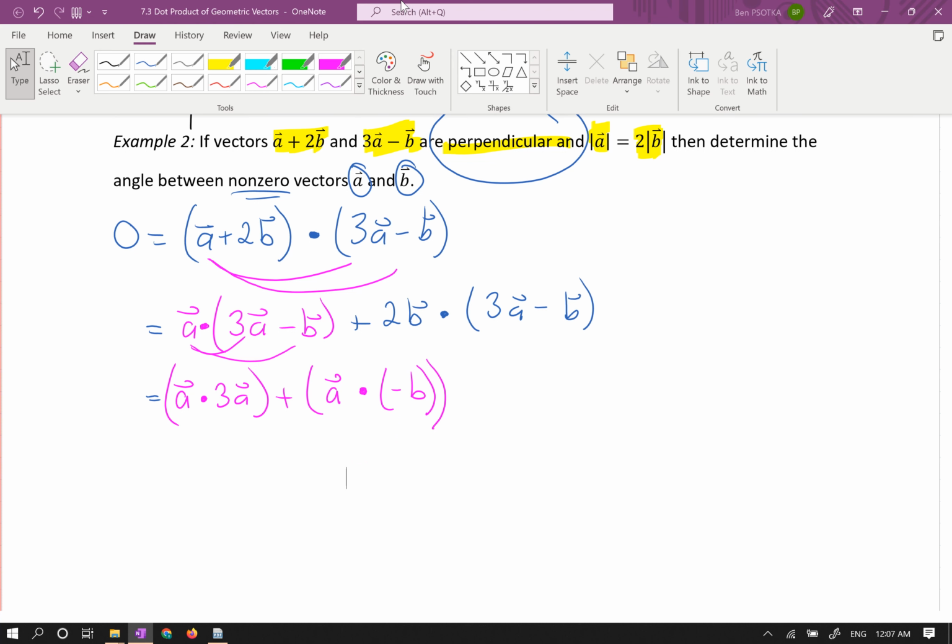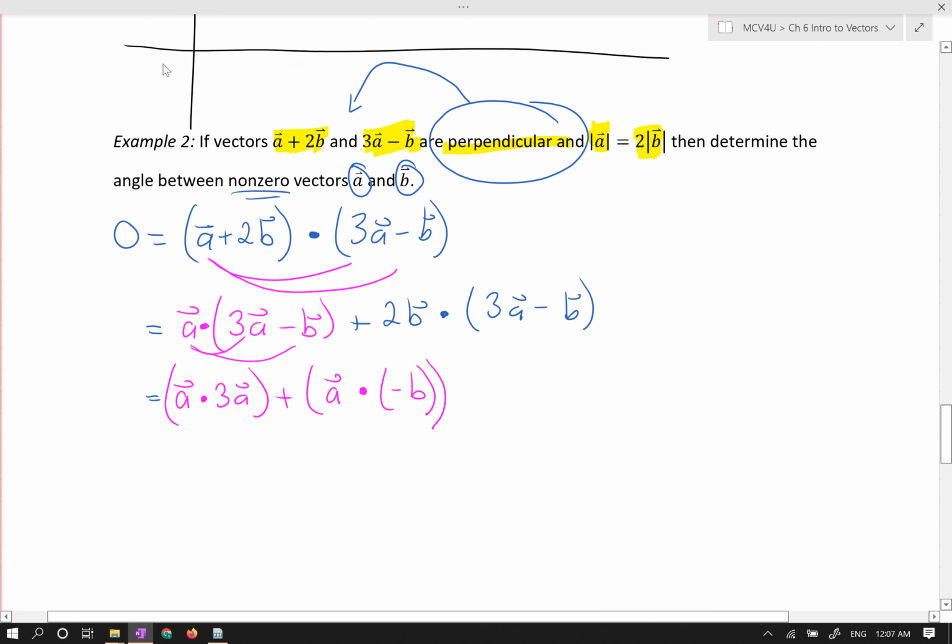We'll get there. That's okay. We're following along, I'm hopeful. If you're feeling confused here, that's okay. At least I'm hoping you can follow along with the logic, even if you're not necessarily expected to be able to go through this on your own. So I'm working here, okay, so I can distribute this to b. So 2b dot product with 3a plus 2b dot product with negative b.